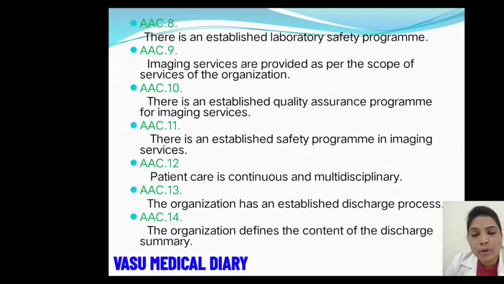And nowadays we are insisting on a bilingual discharge summary, so not only in English. If the patient is not able to read English, we have to give it in their own language, which may not always be possible, but still we can write and give it to the patient. And these are all the points which come under access, assessment and continuity of care.